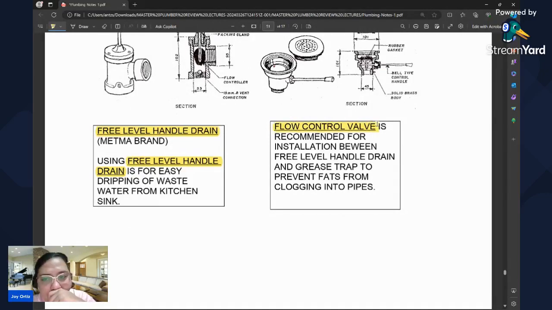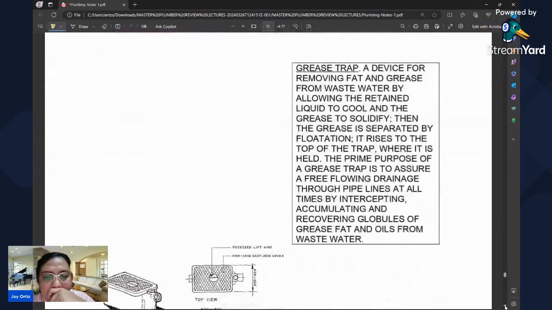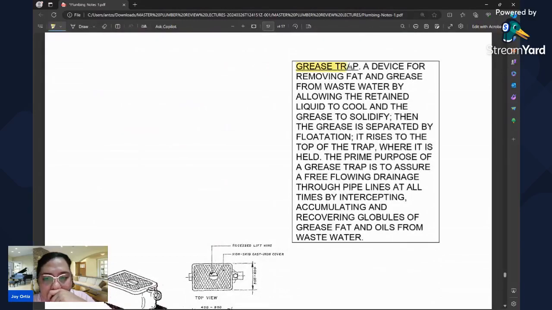We have also the flow control valve. It's recommended for installation between the free level handle drain and grease trap to prevent fats from clogging the pipes. Okay, grease trap, it's a device for removing fat and grease from wastewater by allowing retained liquid to cool and grease to solidify.